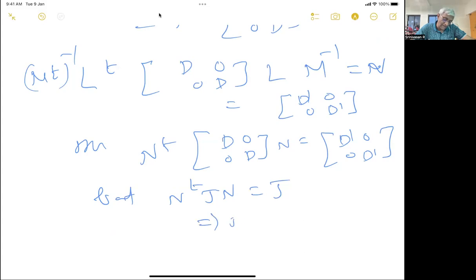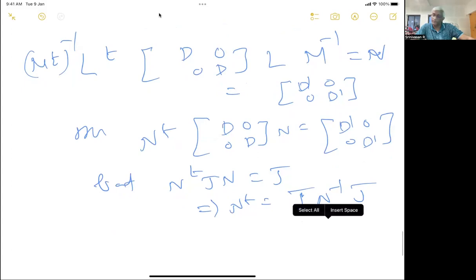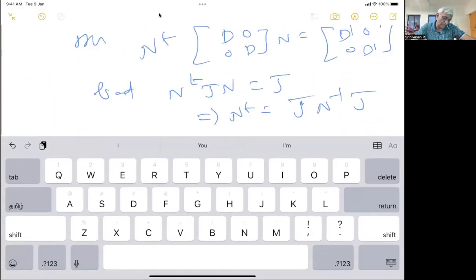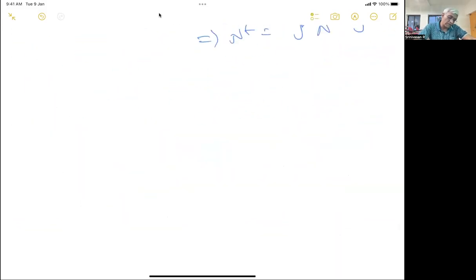So this implies N transpose equals J N inverse J. I'm just wondering, there shouldn't be any minus.